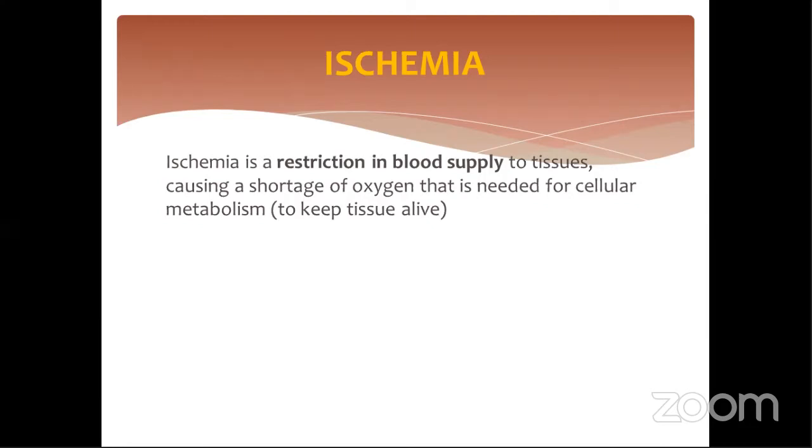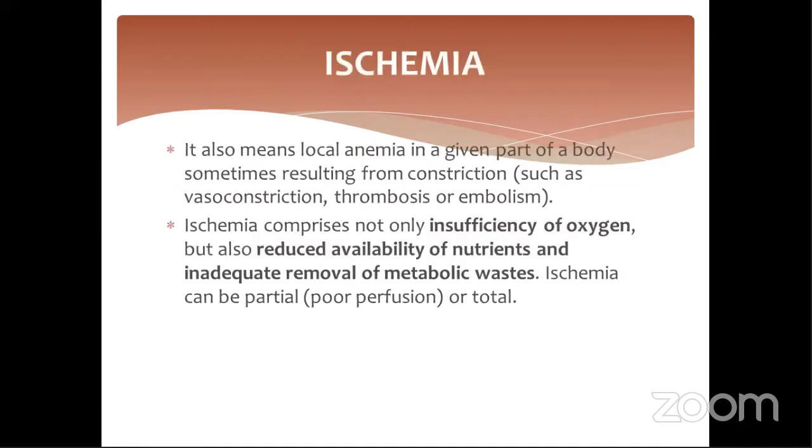Because of that, there is a shortage of oxygen as well as the nutrition needed for metabolism, and that is called ischemia. It also means local anemia in a given part of the body.